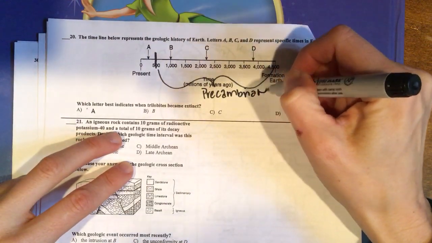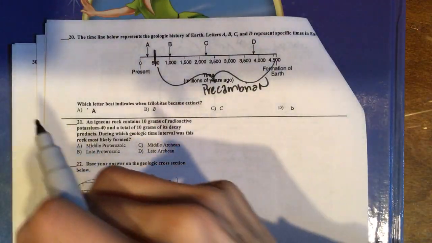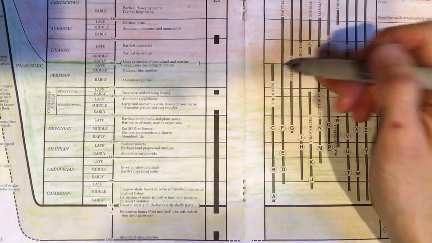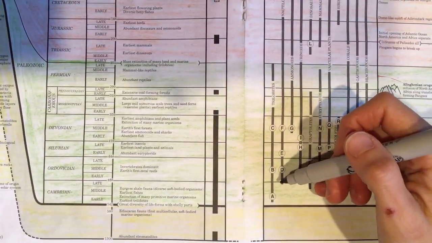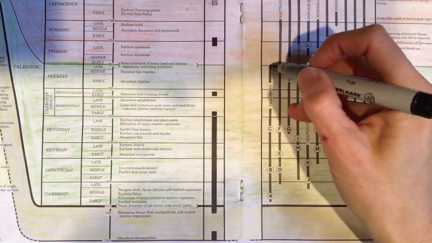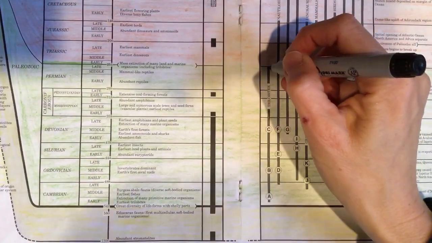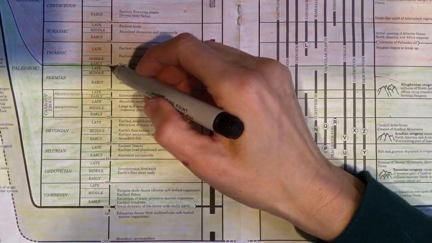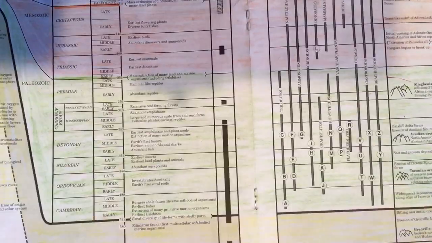It's asking you when trilobites went extinct. Trilobites are one of the most famous life forms to ever live. They lived longer than any type of mammal or dinosaur on this planet. Trilobites are right here. They went extinct about 251 million years ago.